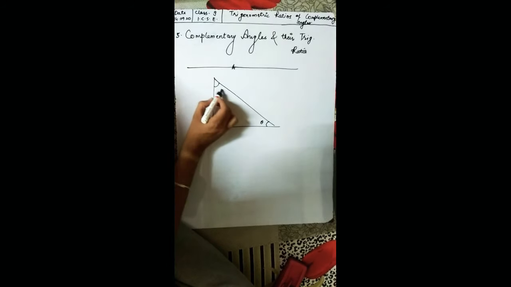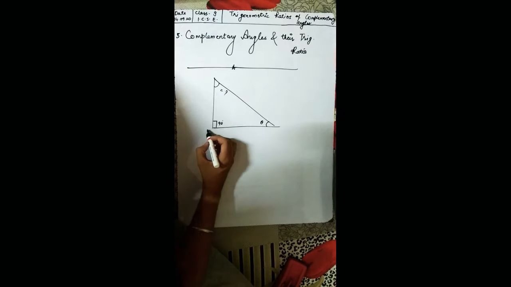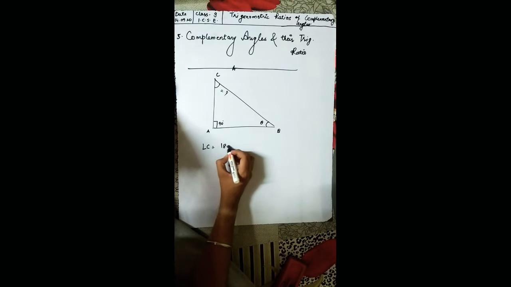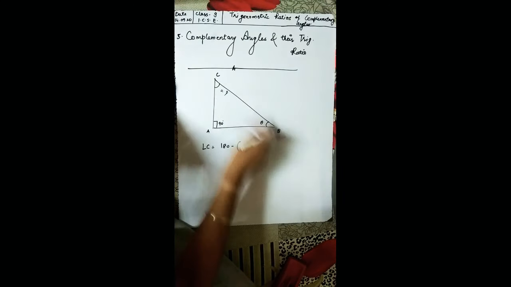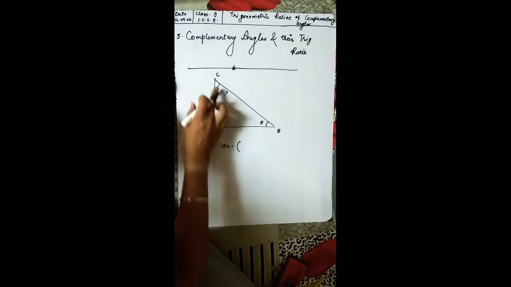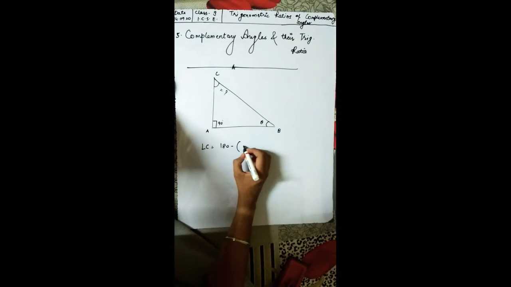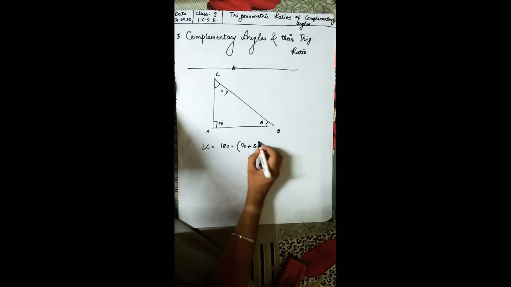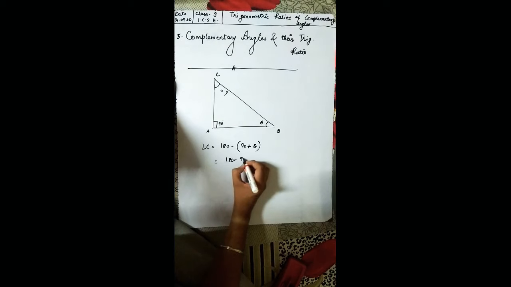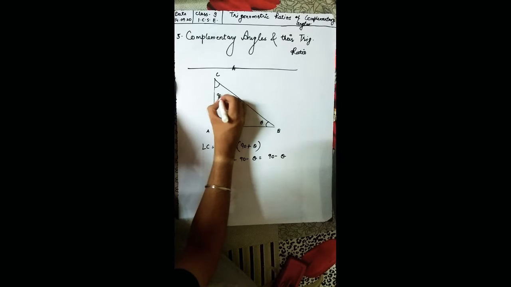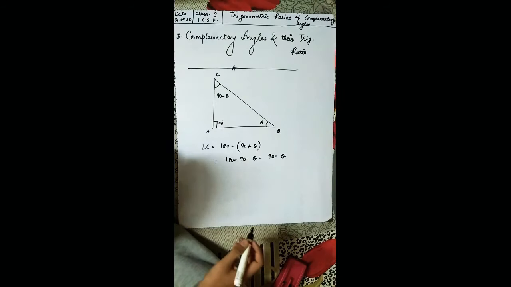If I ask you what will be the angle here, angle C will be equal to, by using the angle sum property, that all three angles add up to 180 degrees. So we find C by subtracting the sum of these two angles from 180 degrees, so this angle will be 90 minus theta.